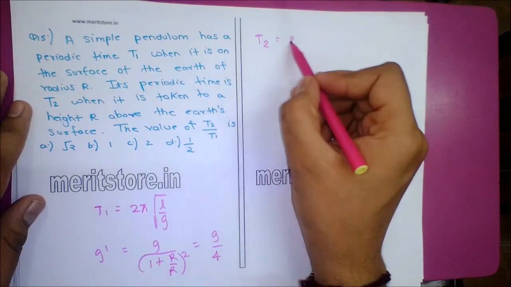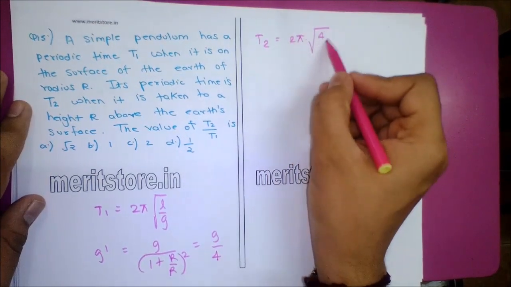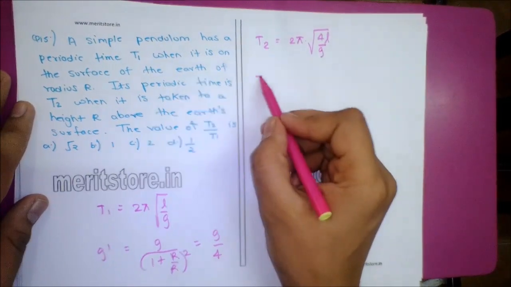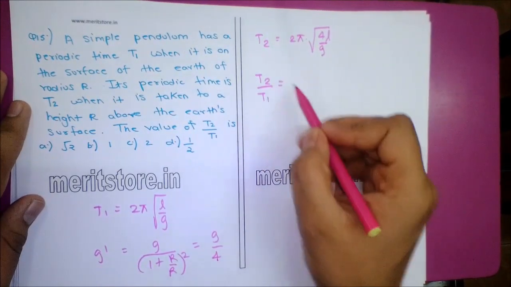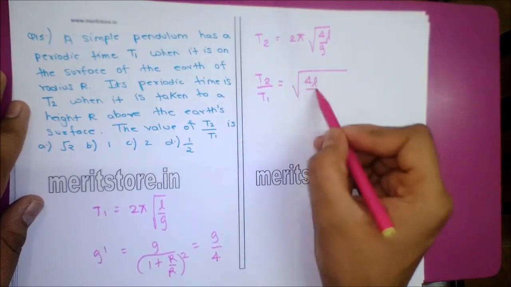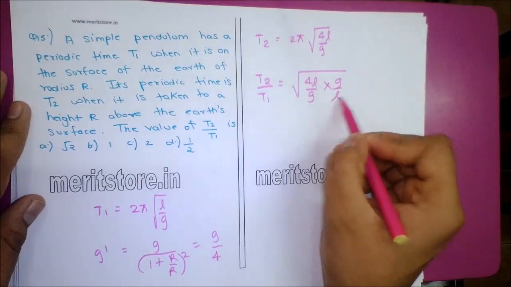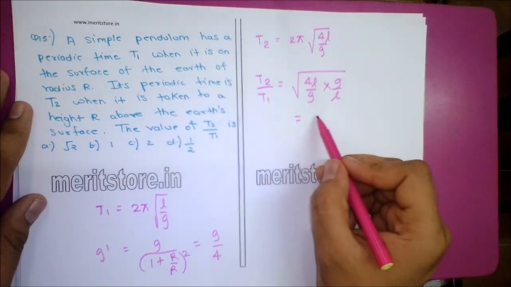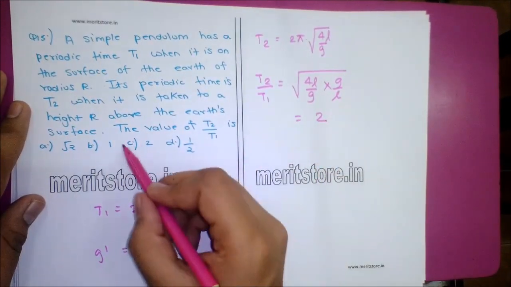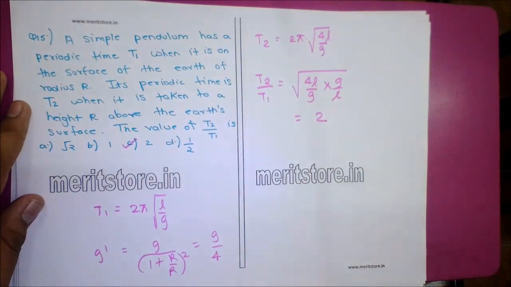T2 is equal to 2 pi square root of 4L upon g. So T2 upon T1 is equal to square root of 4L upon g into g by L, which is equal to square root of 4, which gives us 2. So option C, 2 is the correct answer.